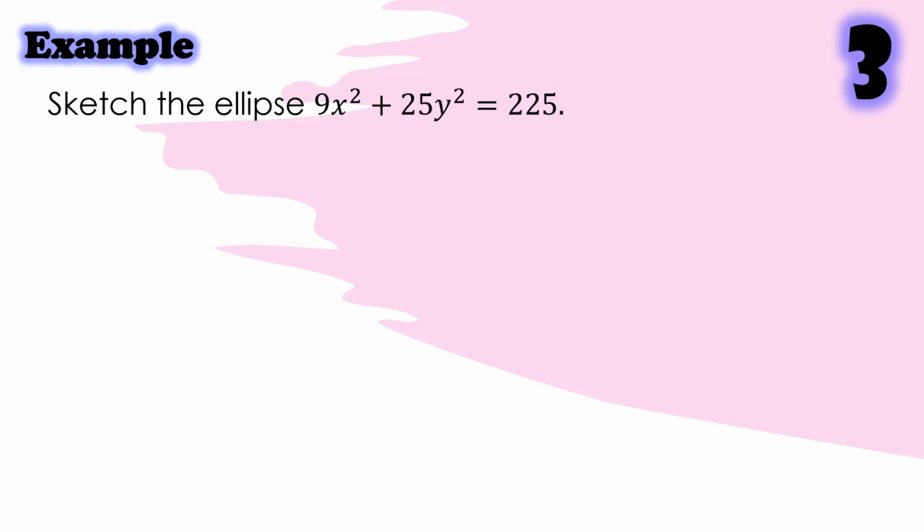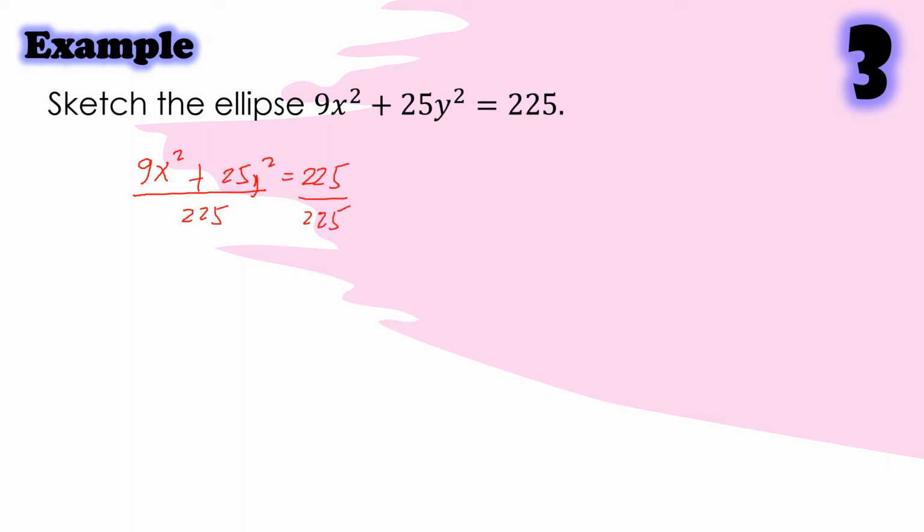Example number 3, sketch the ellipse 9x squared plus 25y squared is equal to 225. Let us first translate the equation to its standard form. So we have 9x squared plus 25y squared is equal to 225. We divide both sides of the equation by 225.